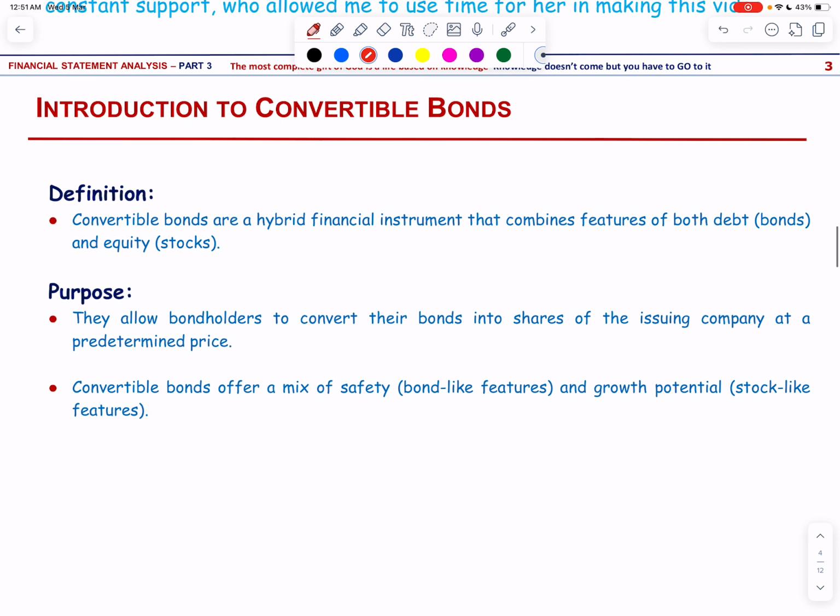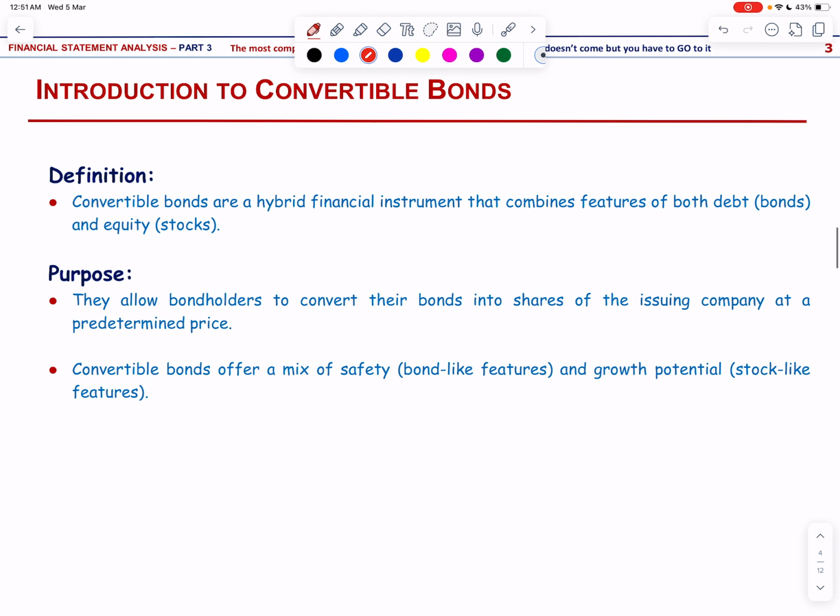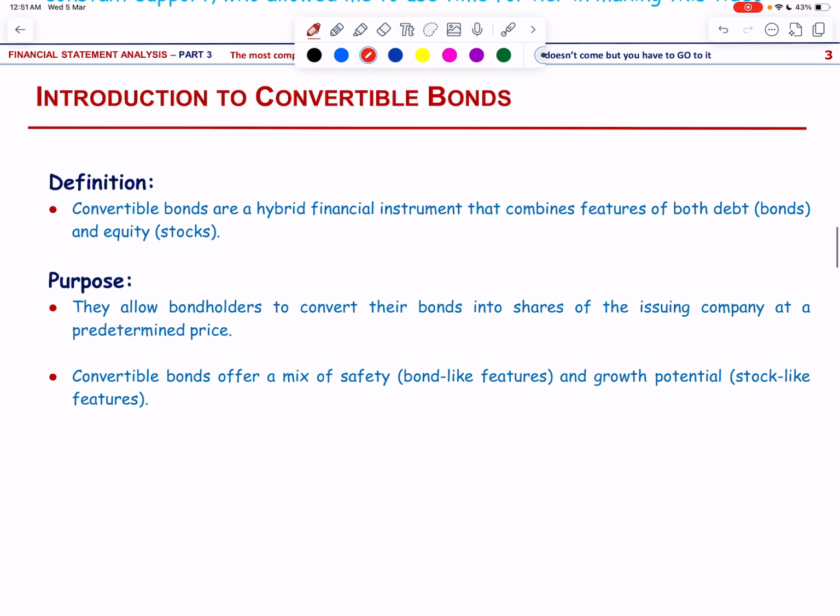So let us start with the topic, that is convertible bonds. Now, convertible bonds are a type of hybrid security that combines features of both debt and equity.